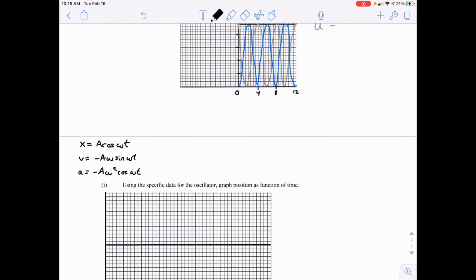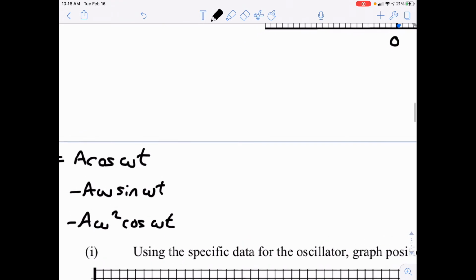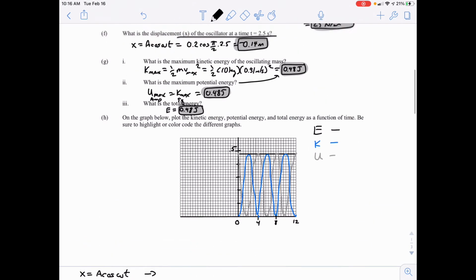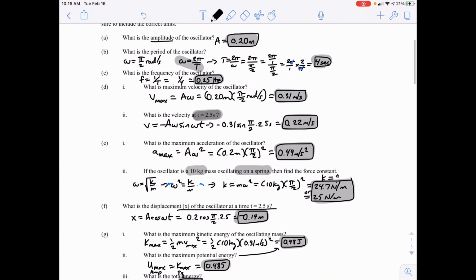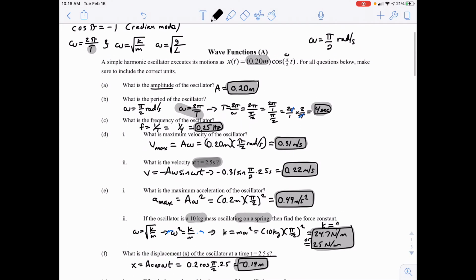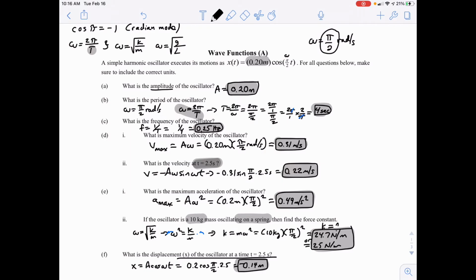Let's see what we have to work with here. The amplitude, okay, what was the actual graph? So the amplitude and the omega: omega was pi over 2. The amplitude was 0.2.